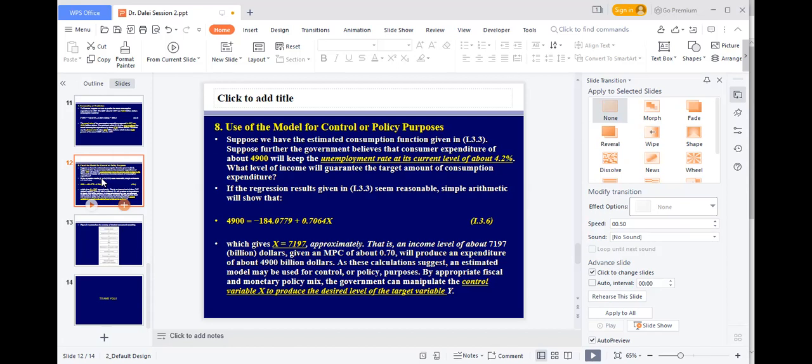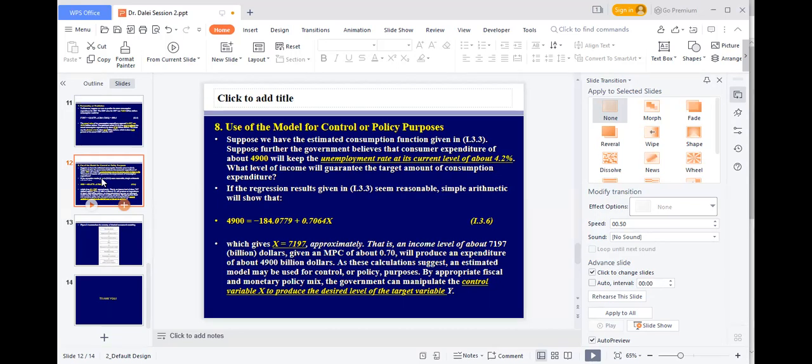So you can find out that at a given consumption expenditure of 4,900, your income will be derived as 7,197, which is approximately an income level of about 7,197 billion dollars.